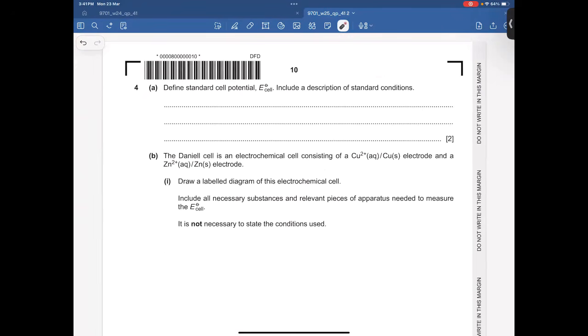Define standard cell potential. Include a description of a standard condition.